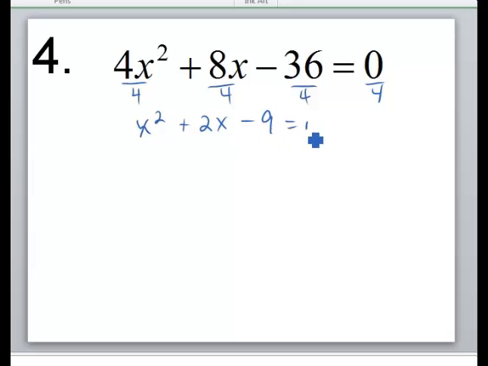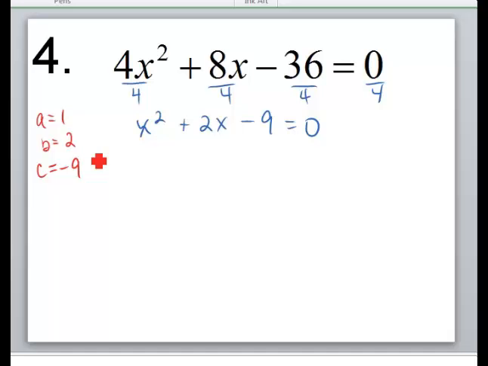So what I end up getting is 1x squared plus 2x minus 9 equals 0. Please, if you notice that something shares a like term, please divide each of those, because it will simplify and make your work much easier. So now A is 1, B is 2, and C is -9.